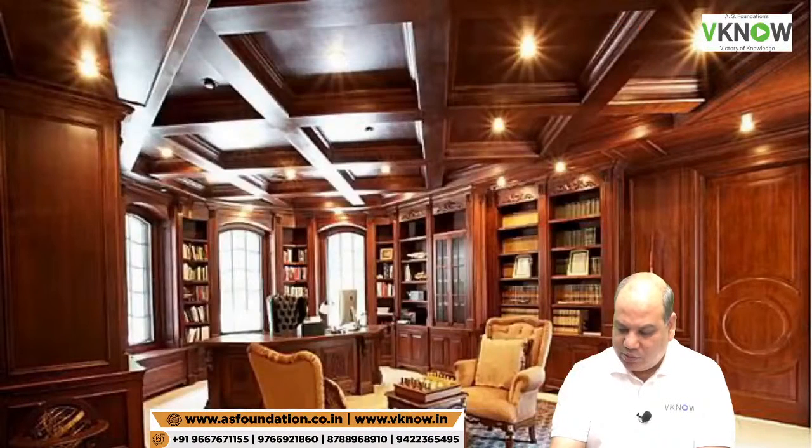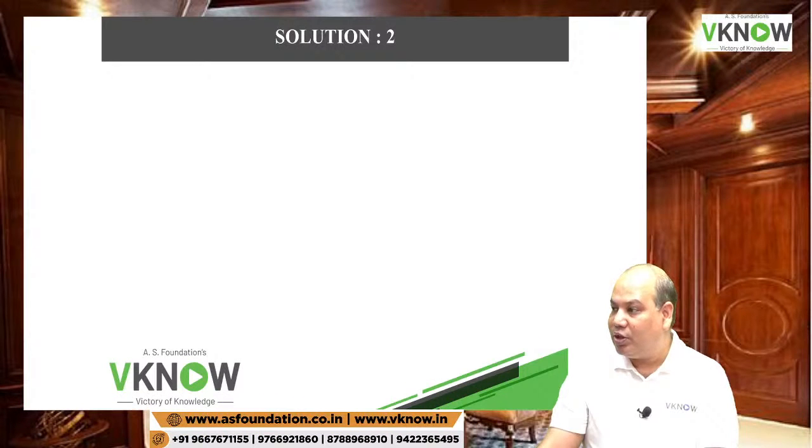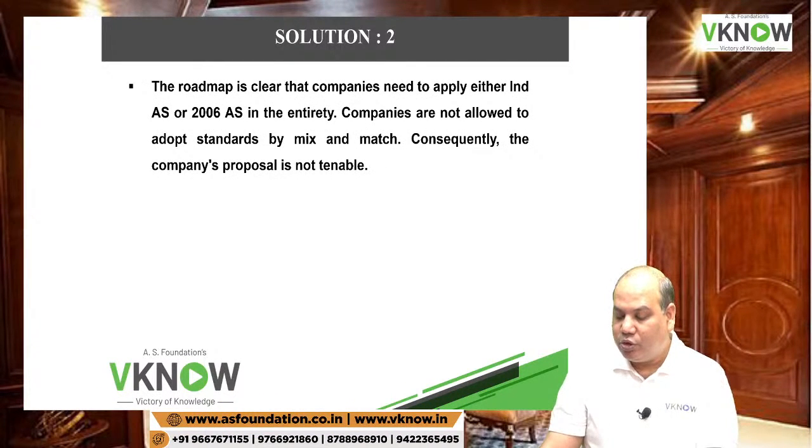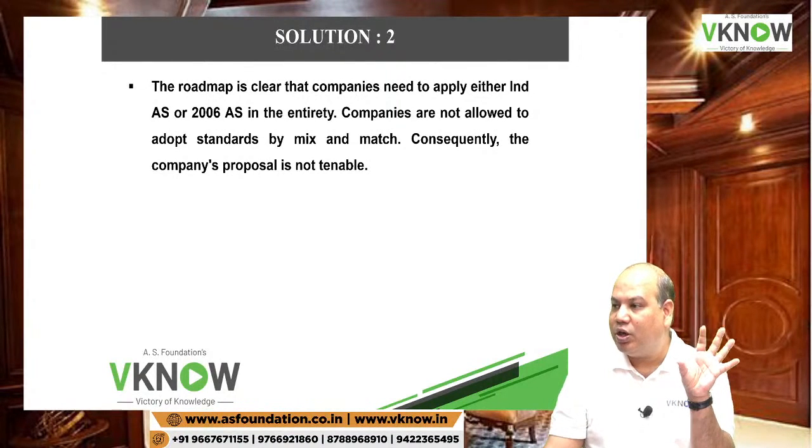He will simply say not applicable, applicable, don't know. You have to write some background. Roadmap makes it clear that a company needs to apply Ind AS or 2006 AS in entirety. That sentence satisfies the institute: either full or none.